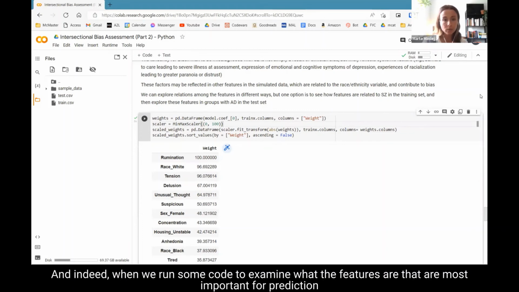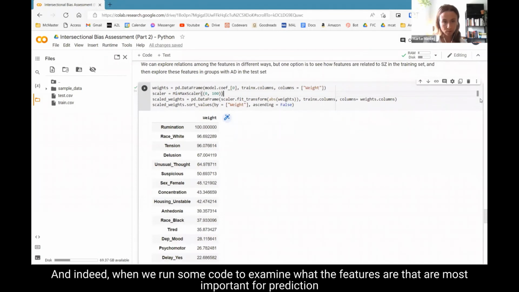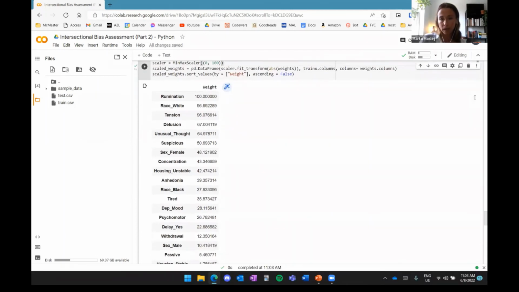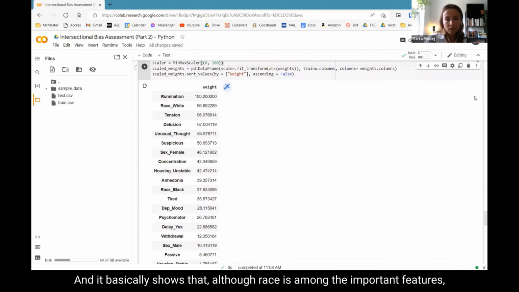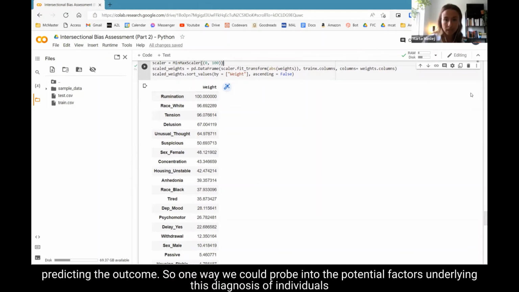And indeed, when we run some code to examine what the features are that are most important for prediction in our very first model, the model that included race, there is a list of these features shown here on the screen. These are just the coefficients that are standardized from 0 to 100. It basically shows that although race is among the important features, there are also other features related to clinical presentation that are contributing to predicting the outcome.